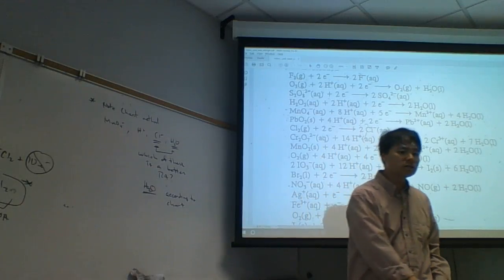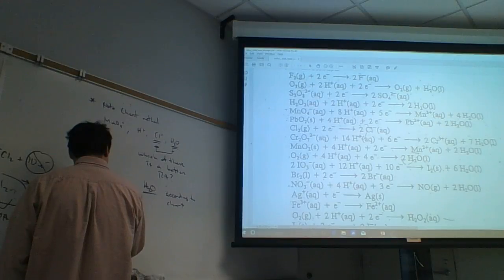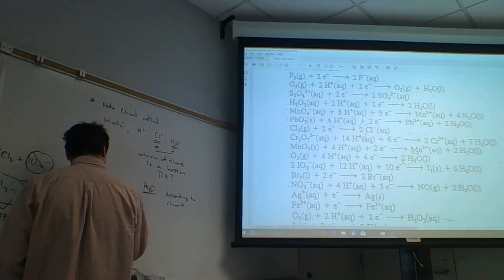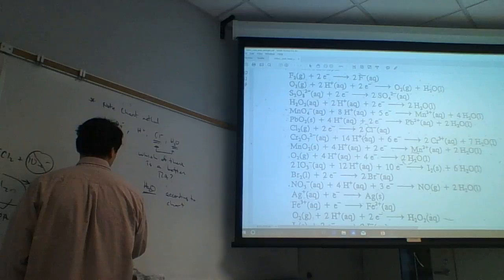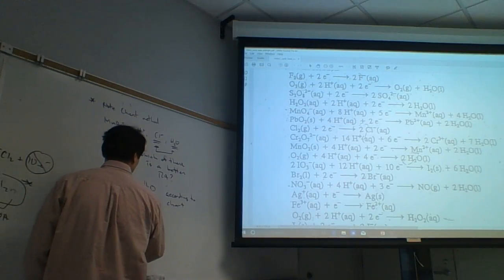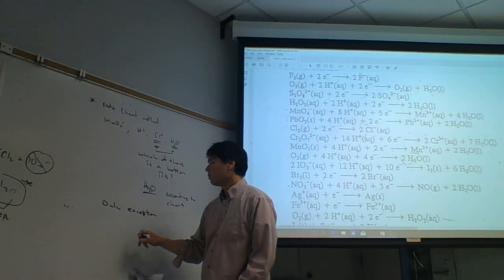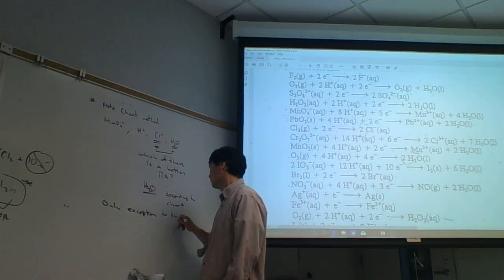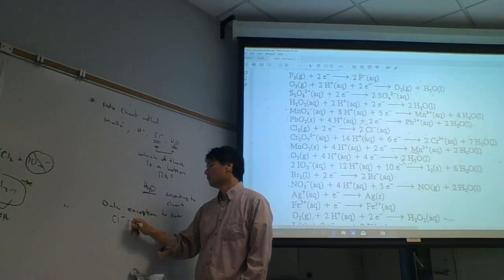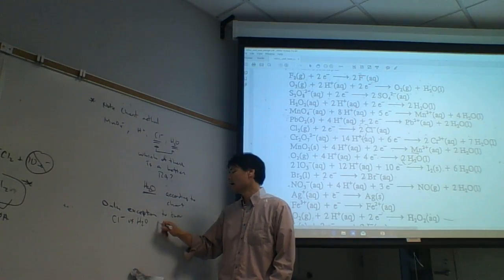So this is the only exception in the chart method, according to the chart. This is the only exception that we should know. When it comes to oxidizing chloride versus water, water should win when it comes to oxidizing as an RA.